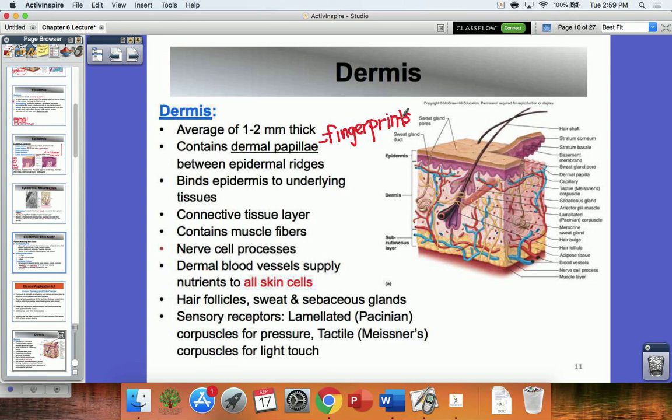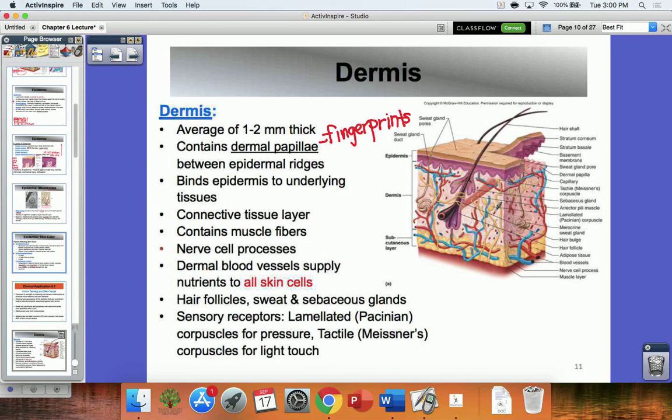In addition, inside of our dermis, we have tons of blood vessels. That is what gives nutrients to, of course, the dermis, but also the epidermis because it doesn't have its own blood supply. We also have glands. We have sweat glands. We have oil glands. We have hair follicles we'll talk about.